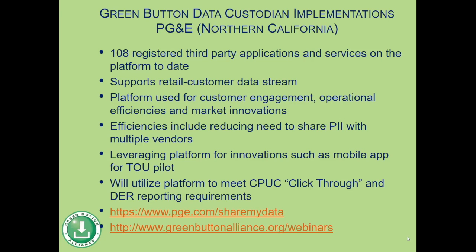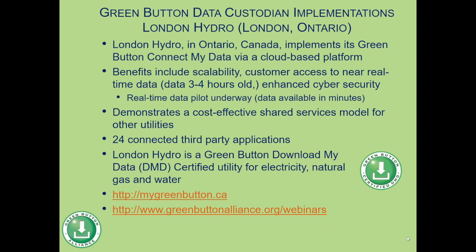And I'll summarize it by just, you'll have the links. You can go to our webinar or their system and to their Share My Data website to see some of the documentation. The other one I want to point out is London Hydro.